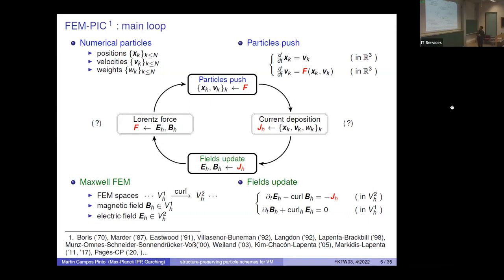key stability properties. Okay, so Antoine's talk was more about accuracy questions, noise issues. I will only focus on long time stability issues.